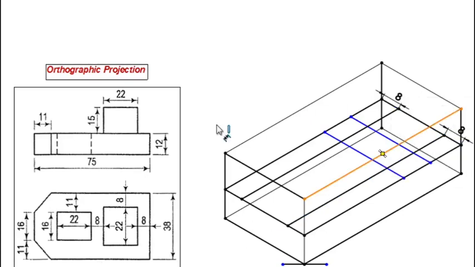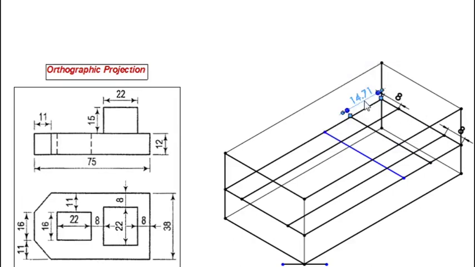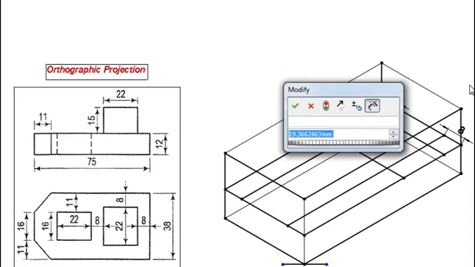Now from the top view you can observe this is 8 mm, then after this is 22 mm. So from this point to this point it is 8 mm, like this, and from this point to this point it is 22 mm.